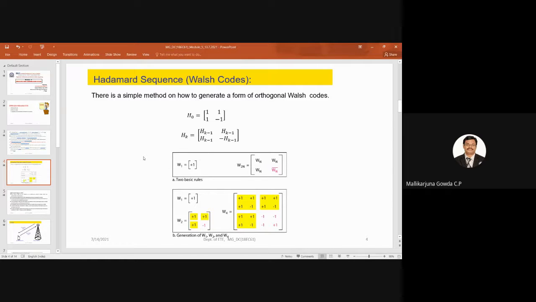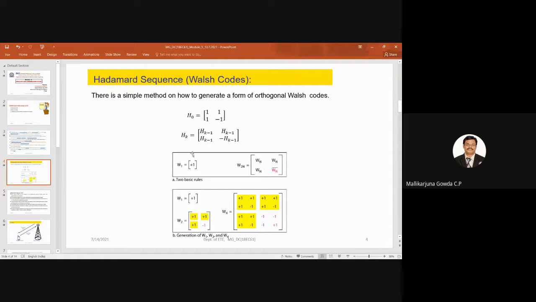Generation is not there as per your syllabus; I'm just giving additional information. At least you should know the purpose of this Walsh code, which is used in CDMA. If you learn extra, there is nothing wrong, na? At least you should be able to appreciate how it is replicated or generated. What is the rule?